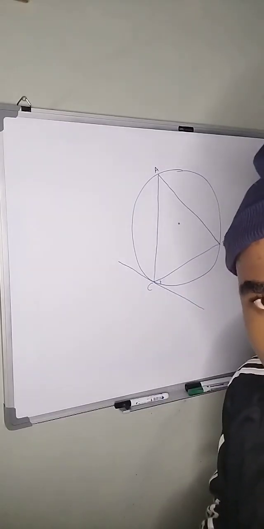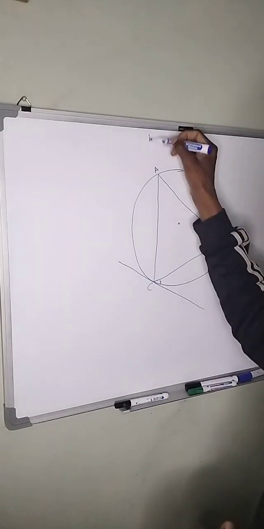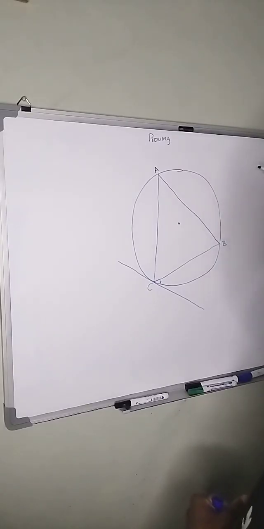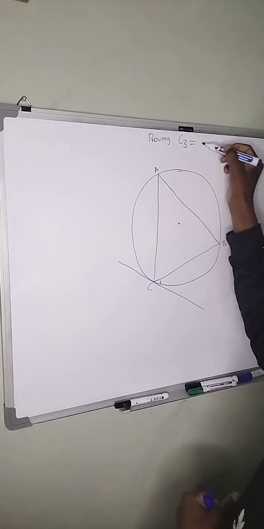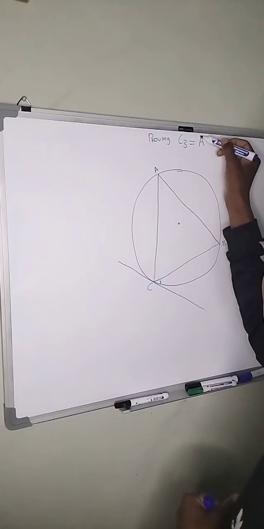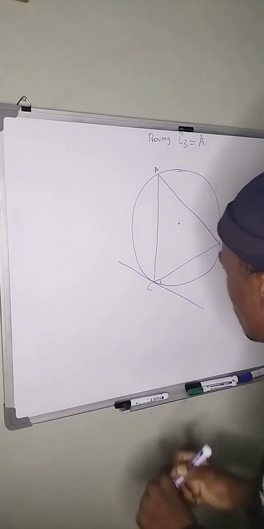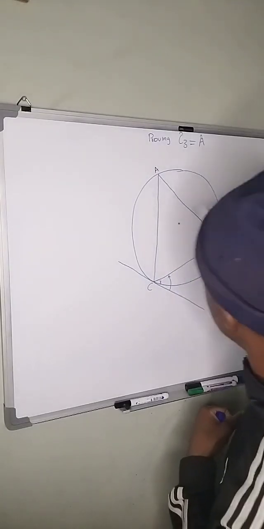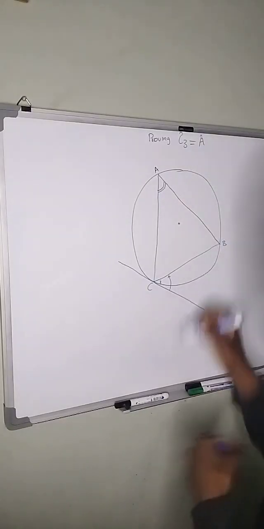So now I want to prove that C3 is going to be equal to A. I want to prove that this angle is going to be equal to that angle. I just want to prove that.